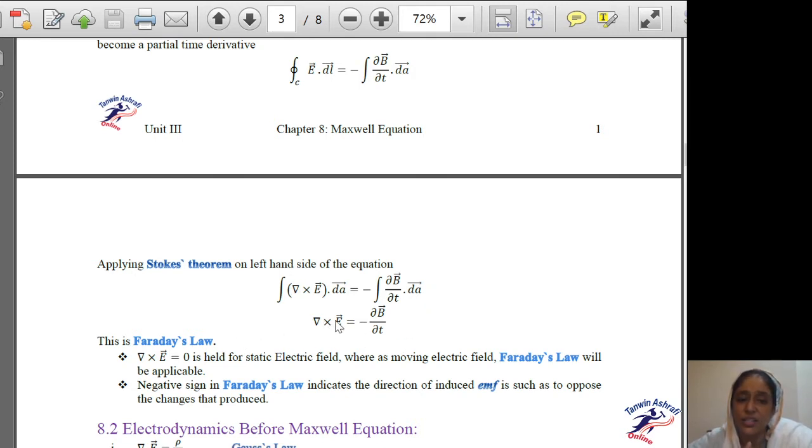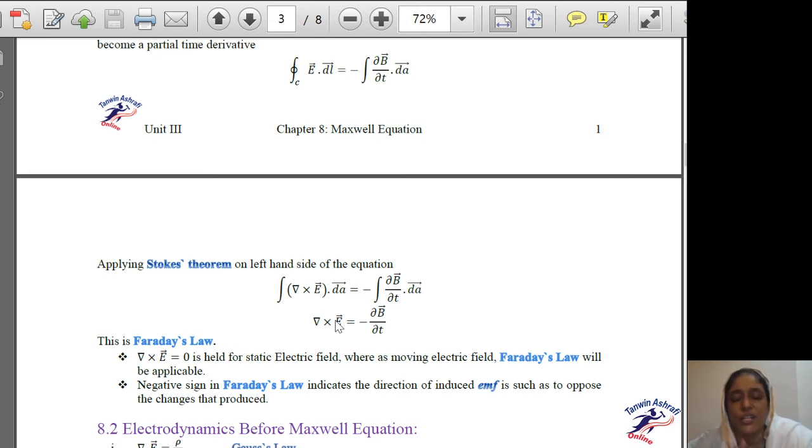Del cross E is 0 for a static electric field, whereas for a changing field, the Faraday law is applicable. That is the main difference. If you have studied ahead and say that you have learned that del cross E is equal to 0, yes, del cross E is equal to 0, but in a static electric field.